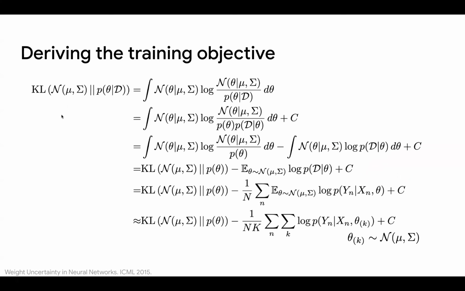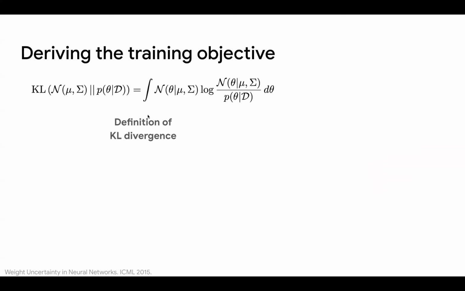And the definition of KL divergence goes like this. You have this normal distribution that you wish to find, and there's the unknown posterior distribution. And you take P log P over Q. That's basically the definition of KL divergence for KL, P, and Q.